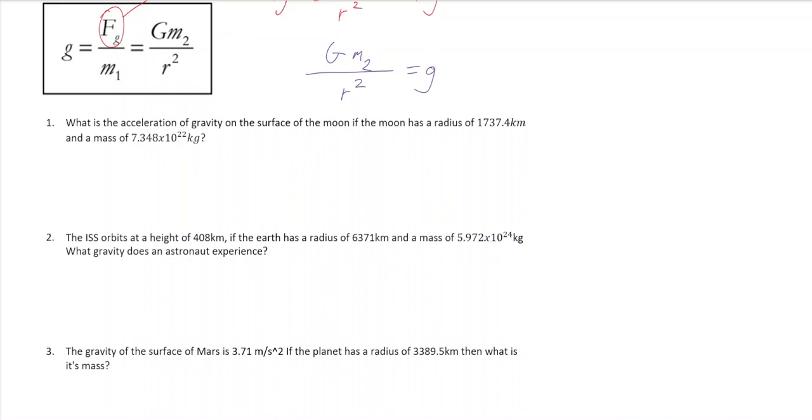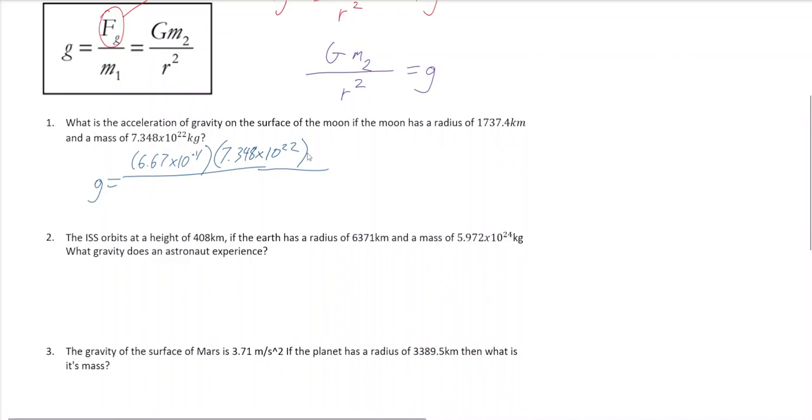Okay, so this first one's going to be pretty easy. What's the acceleration of gravity on the moon if it has a radius of that? Well, we're looking for the gravity, so we've got G, which is 6.67 times 10 to the negative 11, and then the mass, which is 7.348 times 10 to the 22 kilograms. We don't need to have the units, actually.